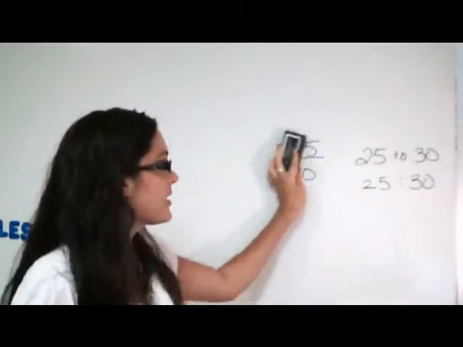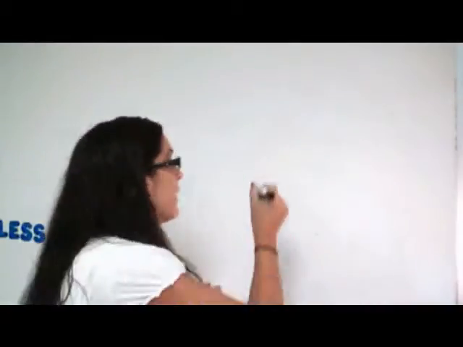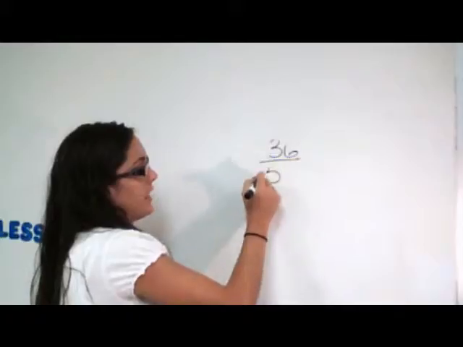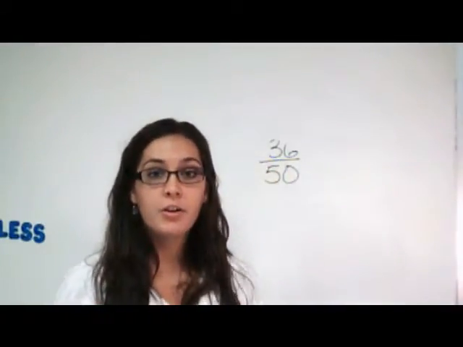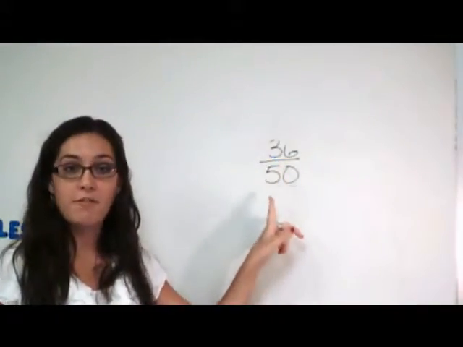All right, we're going to go back to harder problems, just like 25 over 30. Let's say that you had a score on a test or quiz, and it was 36 out of 50. Now, like what we did with the 25 out of 30, you could divide the 36 by the 50.